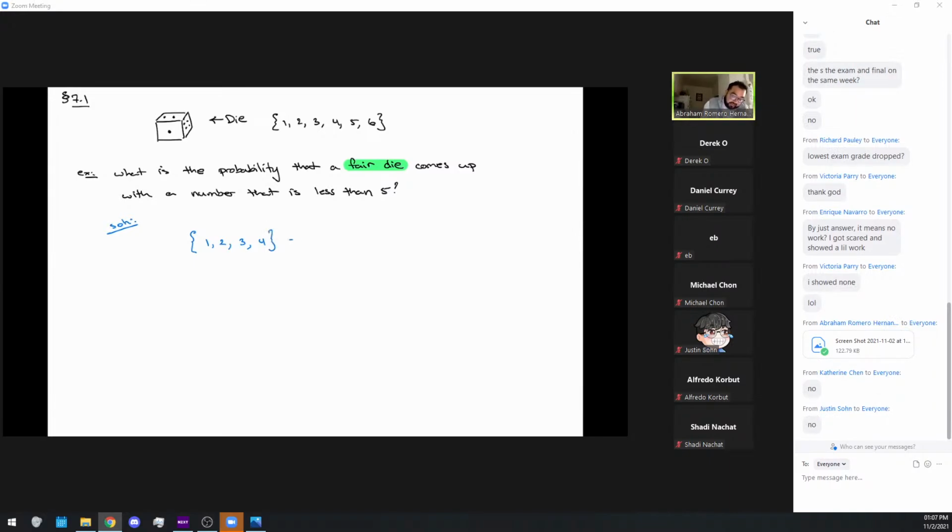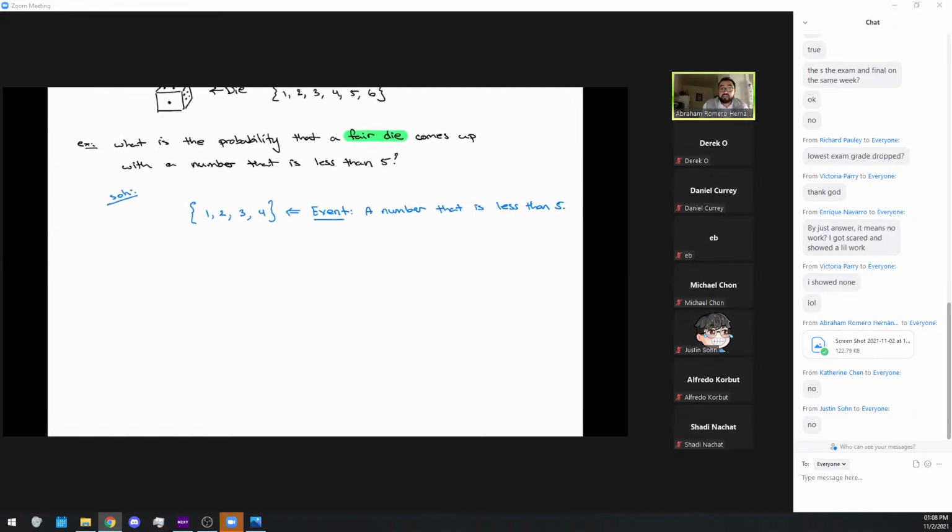So this is known as your event. This is your event. Okay? So the event here is a number that is less than 5. Usually we let a capital letter represent the event.